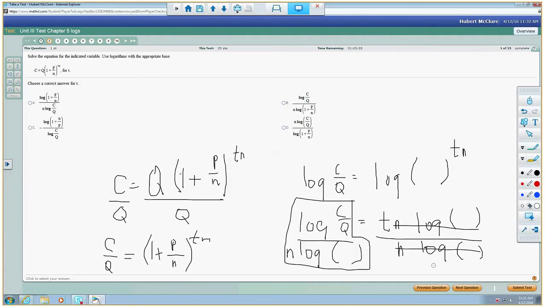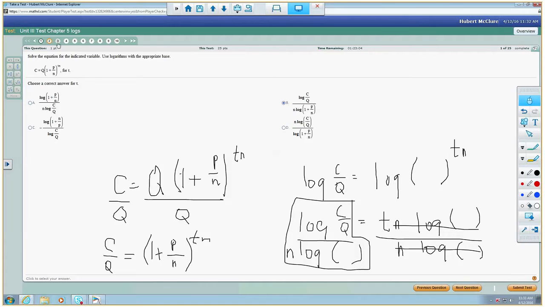Which answer would that be? Is it B? Log of C over Q over N log of blah, blah, blah. See, that was easy. That's 4 steps. 1, 2, 3, 4.